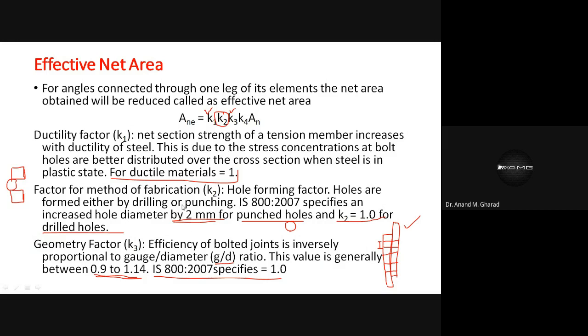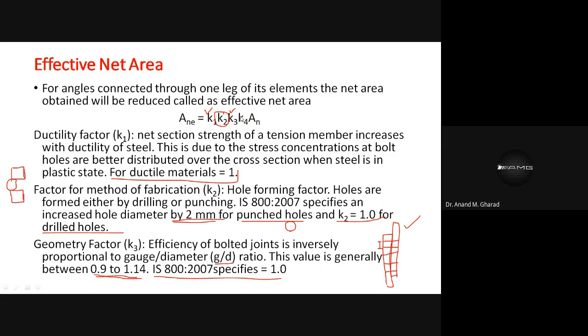So that has to be used in order to find this. Actually K2 is covered in that criteria. Okay. So even if you don't consider this K2 value in this equation, well and good. K1 is 1. Now K3 is 1. K2 is taken care of by that formulation or by that clause.